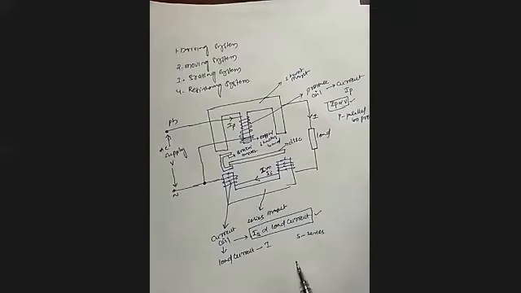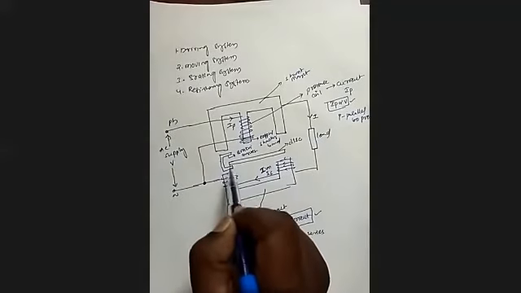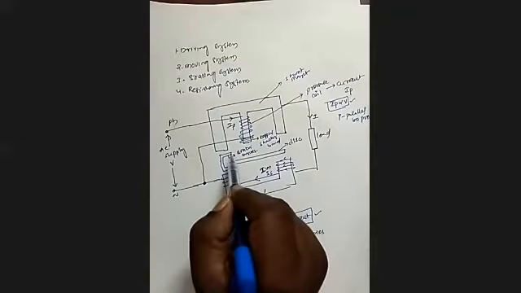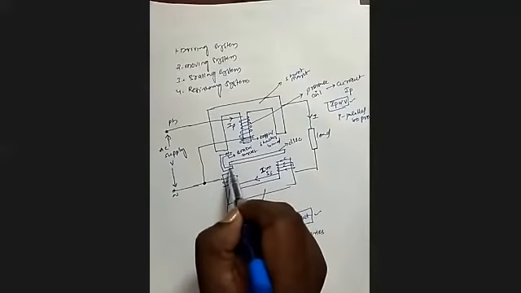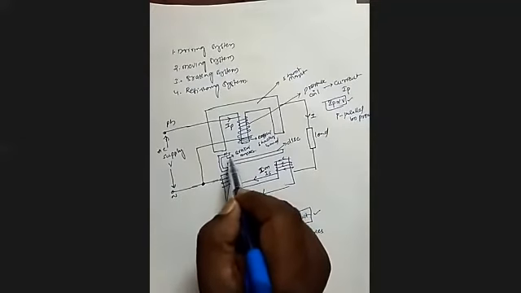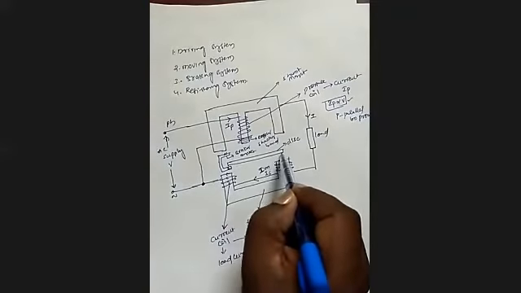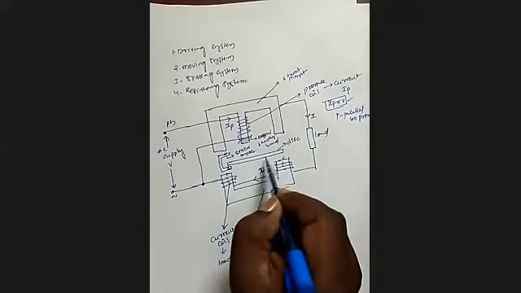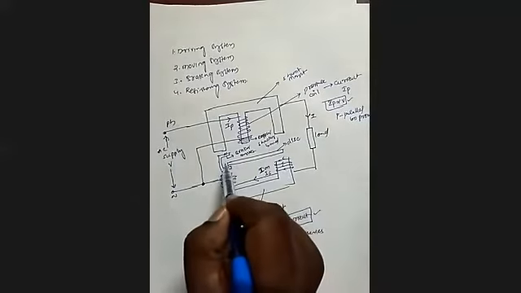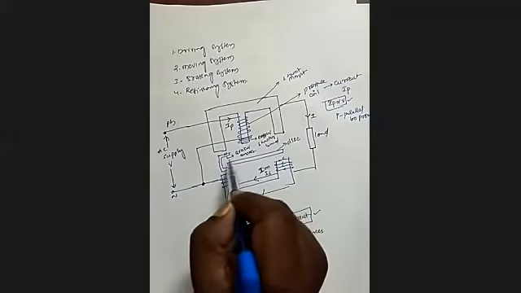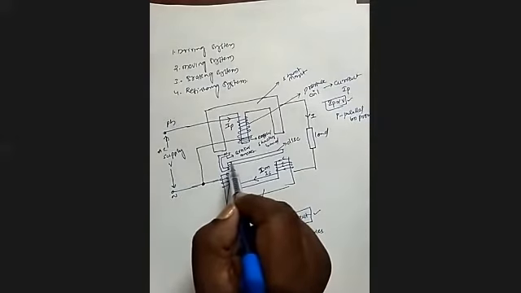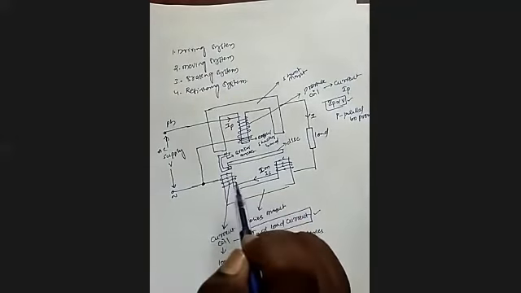Next, the braking magnet has a pair of north pole and south pole permanent magnets. A portion of the disc is provided within these permanent magnets, and whenever the disc rotates, it cuts the flux of the permanent magnet. Then automatically some eddy currents are produced.